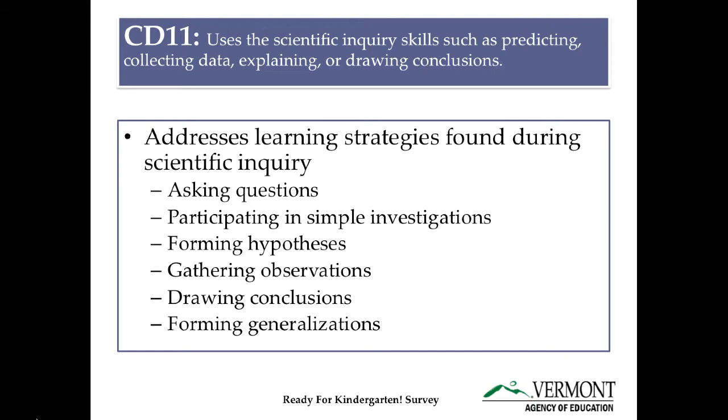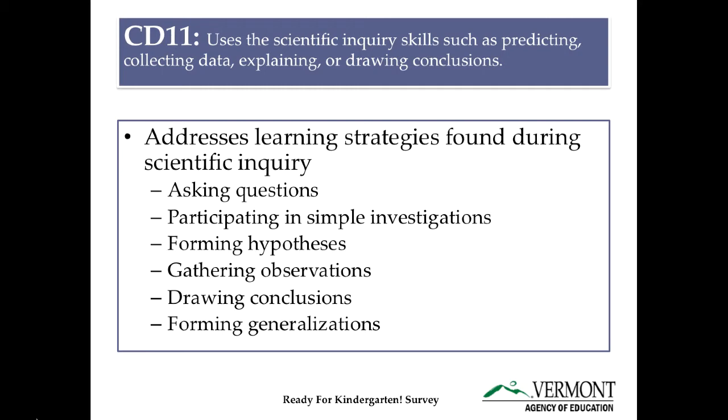Teachers should note whether a child uses these skills rarely, sometimes, or consistently to help identify what level of mastery a child has reached. Also note that data collected to assist in answering this question may also prove helpful for responding to the approaches to learning item number 3, which is a child uses a variety of learning strategies in their classroom.